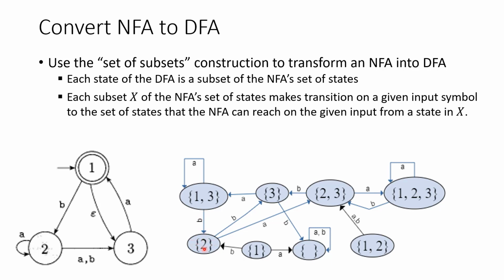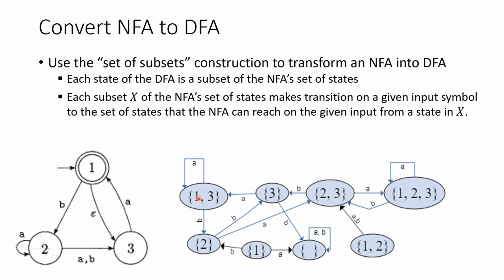To do that, we look at which states of the NFA we can reach from each state in the set X. Here we check from state 1 where we can go on the input symbol B. From 1 we can only go to state 2. And from state 3, on the input B we cannot go anywhere.